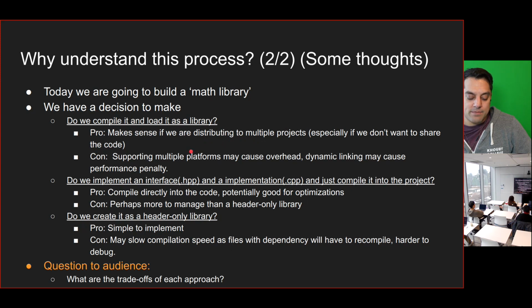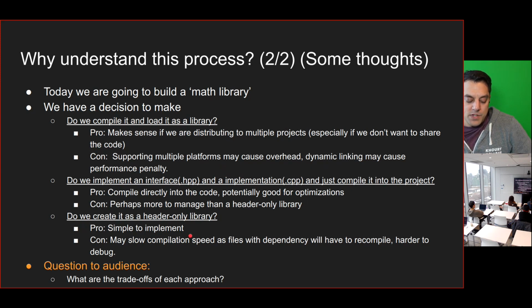So that's kind of nice, and as mentioned, we don't have to keep recompiling it. On the con side, though, we do pay a little bit of penalty with dynamic linking, but we could actually statically link this. So that's okay, right? We could probably get around that.